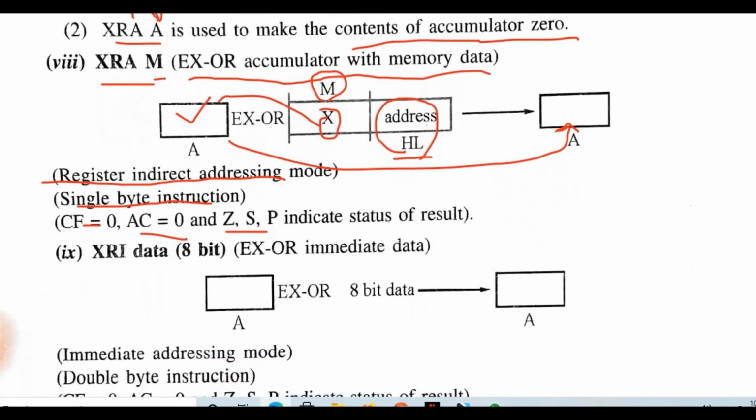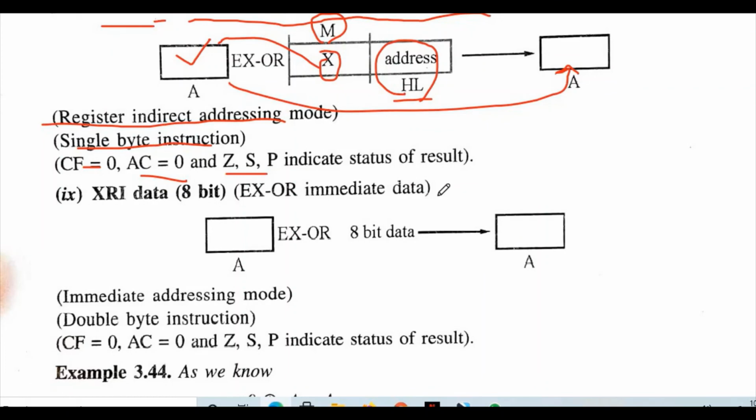So this instruction will do the XORing between the contents of the accumulator and the 8-bit data given along with the instruction, and after execution the final result will be stored in the accumulator. Addressing mode is immediate, it is a double byte instruction, carry flag 0, auxiliary carry 0, and the sign and parity flags will give the status of the result.